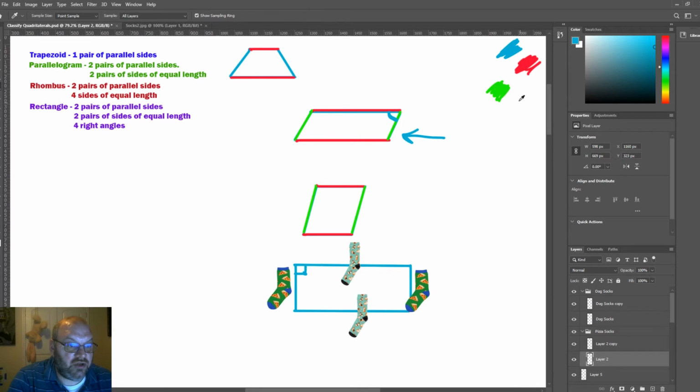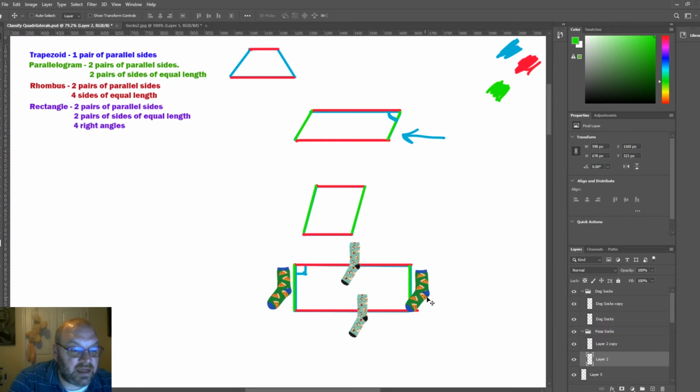And let's draw our parallel pairs. So two pairs of parallel sides. This is parallel to this, right? And this is parallel to this. So our dog socks is parallel to the dog sock. That's one pair.